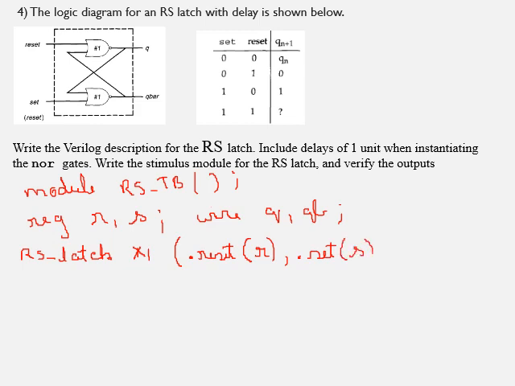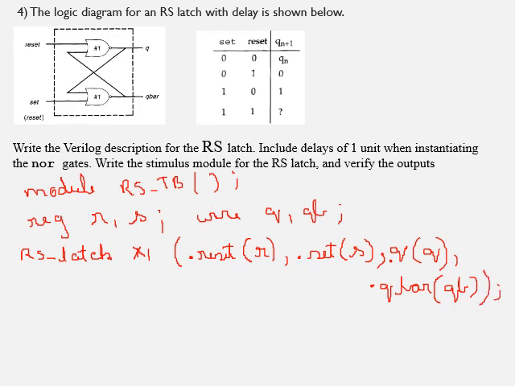Here it is S, Q, commas, dot Q for Q only here also, and dot Q bar in the module definition, that is to be mapped to QB in this module stimulus block.